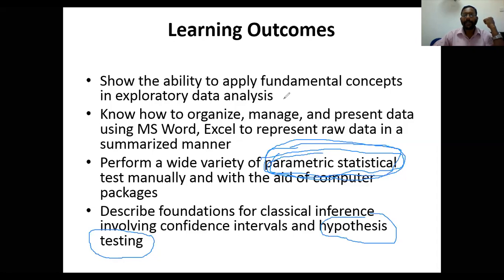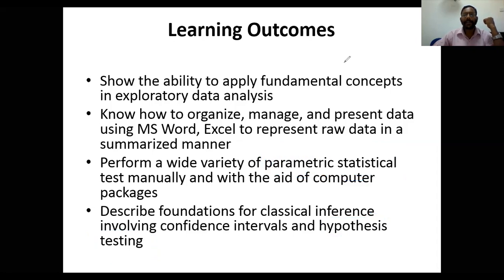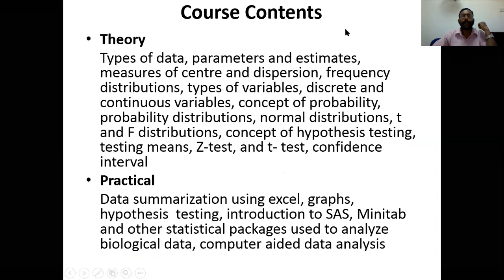Right, any questions? This is just what you are going to learn. Now the course content, all of this is in your information. I'll be handling only theory: types of data, parameters and estimates. What is the difference between parameter and estimates?